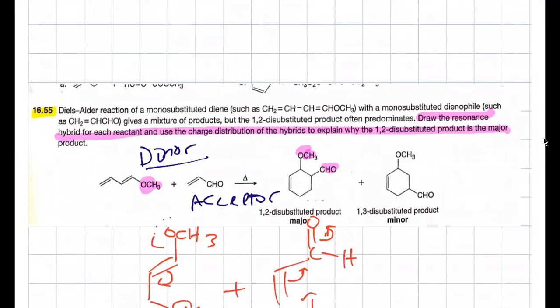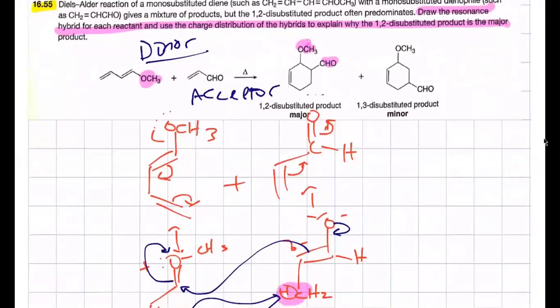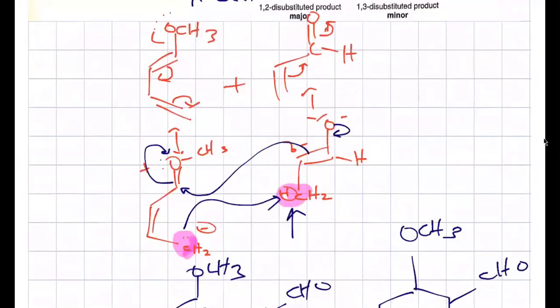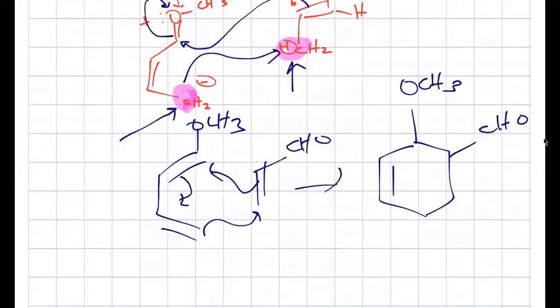Okay. So when we do a resonance, we see that the positive charge in the dienophile ends up on this carbon, and the negative charge in the diene ends up on that carbon. So that's how we know that those two carbons are going to react immediately, because this is all based on charge, right?